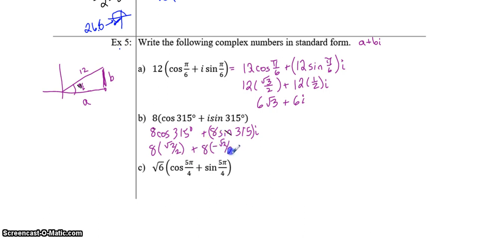Now again, this is a few more actual teacher steps. I could see you go from here to here, but this step here with the distribution may not be a necessary step for you, but I'd like you to see this. That'd be more the required step. And of course, the answer of 4 square root of 2 minus 4 square root of 2 times i.